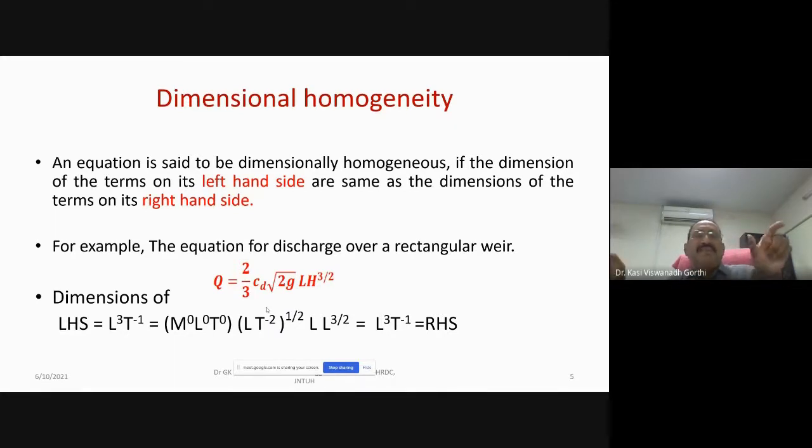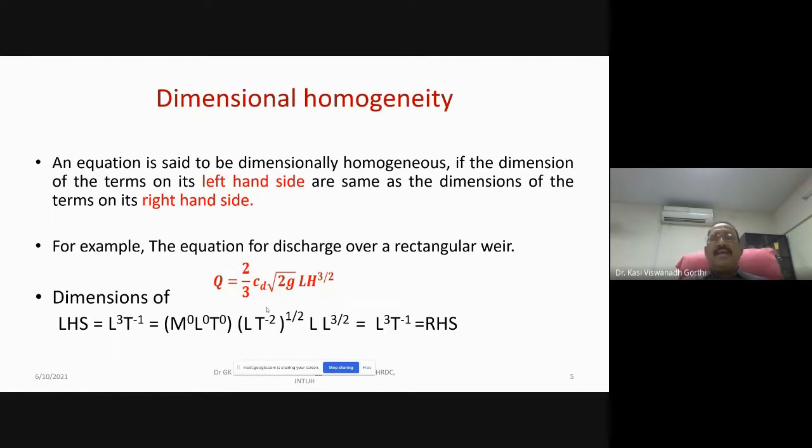If the dimensional formula of the left-hand side is equal to the dimensional formula of the right-hand side of a given equation, then we say that it is a dimensionally homogeneous equation.